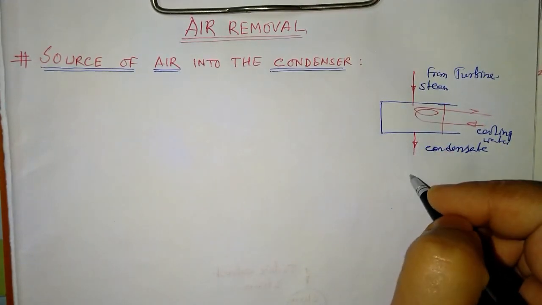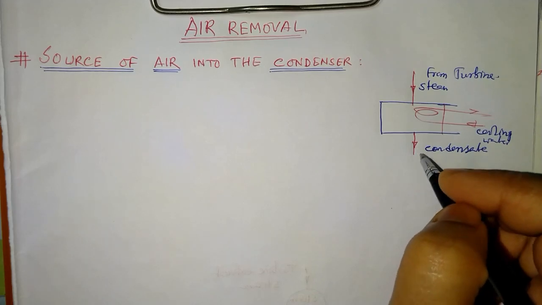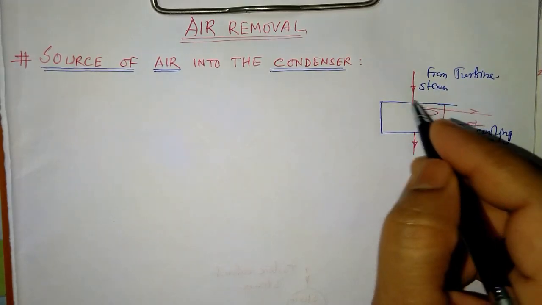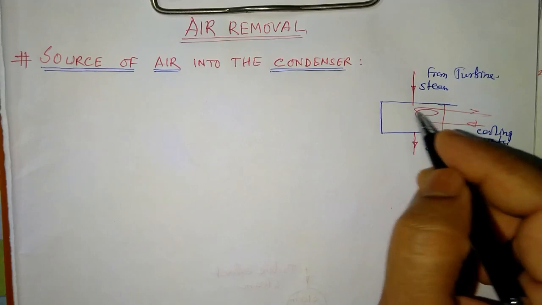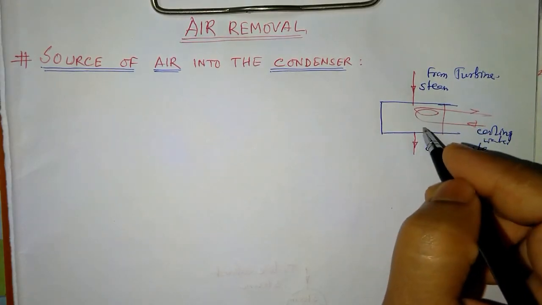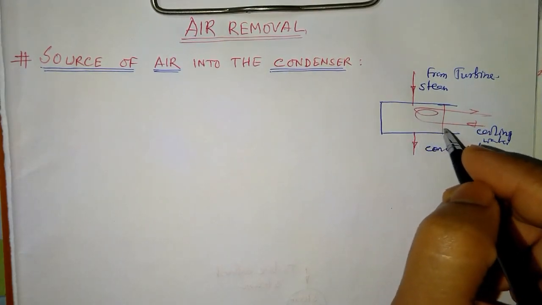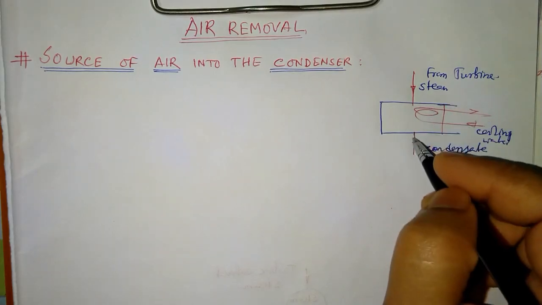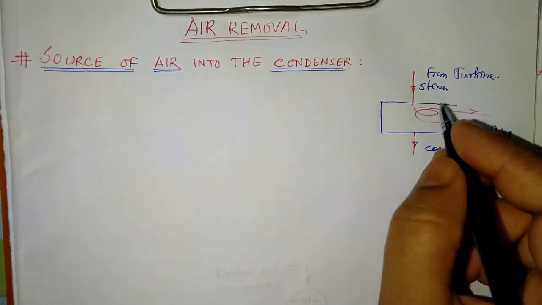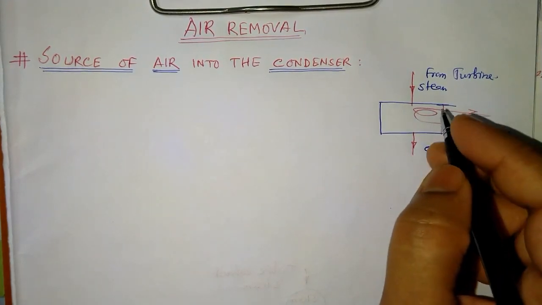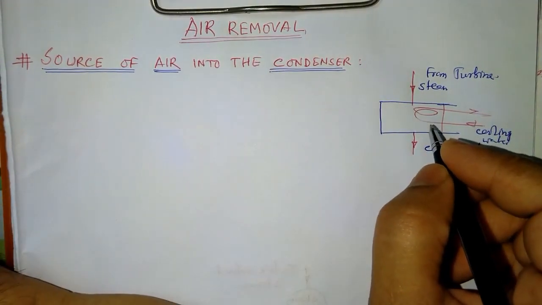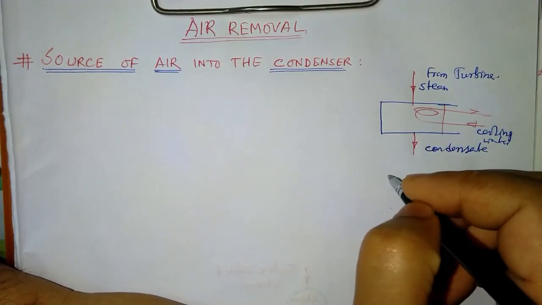And you have seen that there are many joints and many connections making such a complicated arrangement. Due to those many joints, some of the air is entering into the condenser.